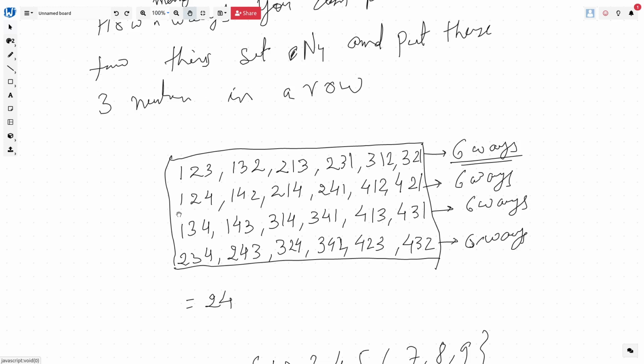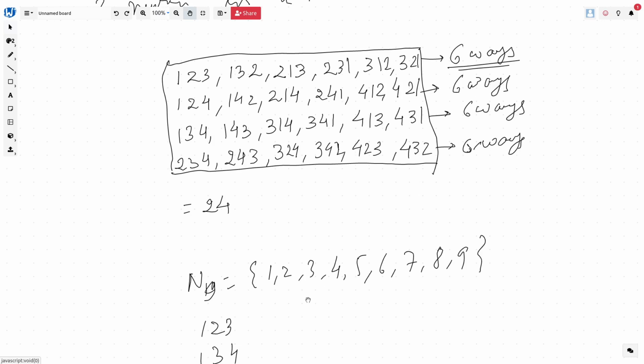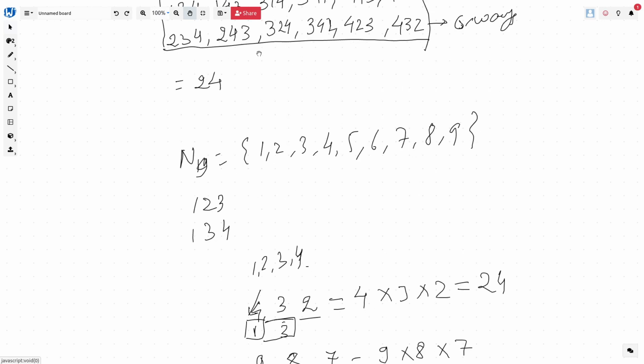I'll go back to one of the previous examples which we have seen in our arrangement. Among four people we have to find the combinations which have 3 elements, so finding 3-element subsets from 4 elements. You can see there are 24 ways which we arrived at using 4 into 3 into 2.